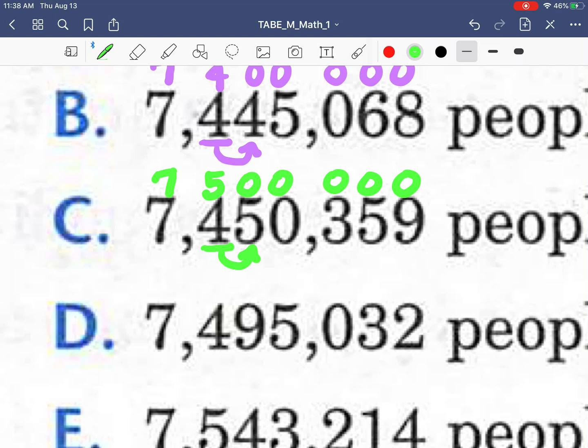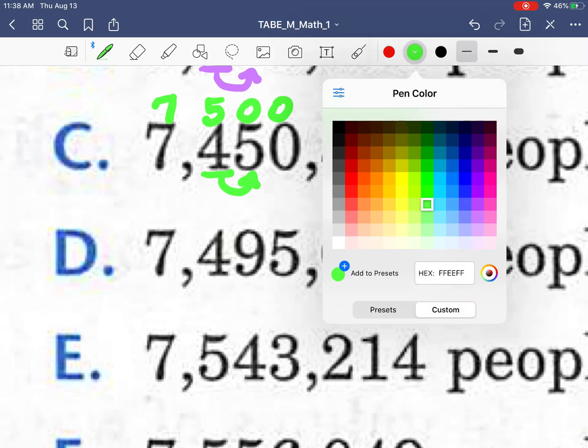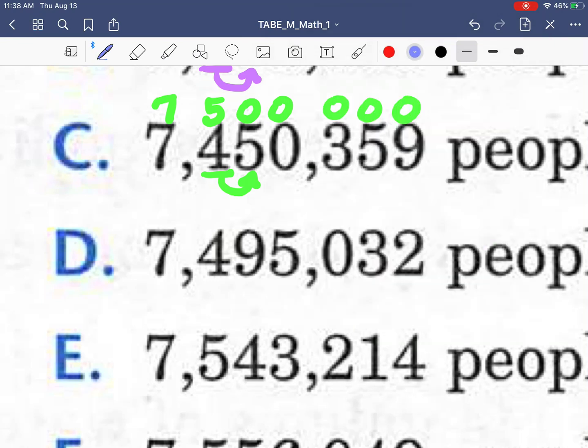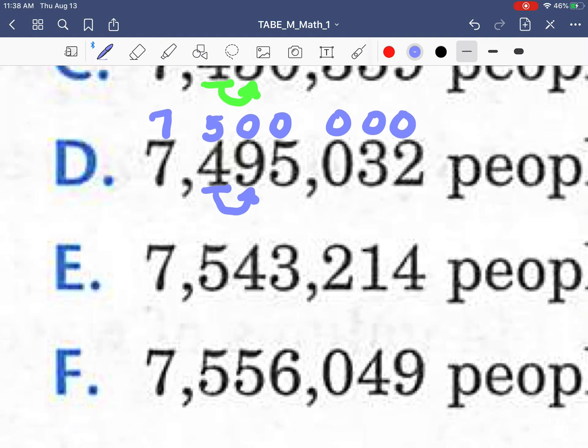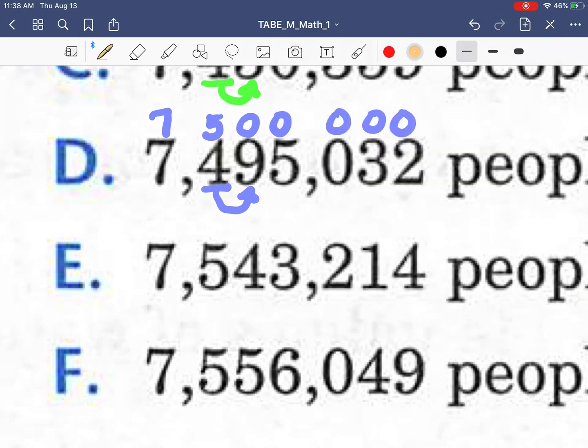Leader stays the same. Neighbor says round up. Leader stays the same. I'm running out of colors. Neighbor says stay.